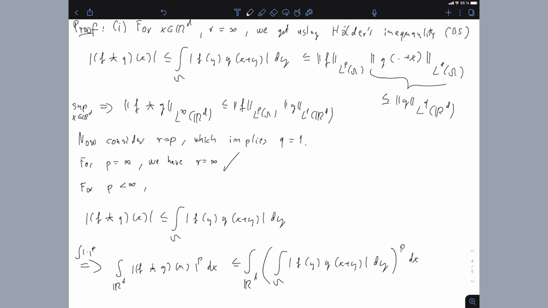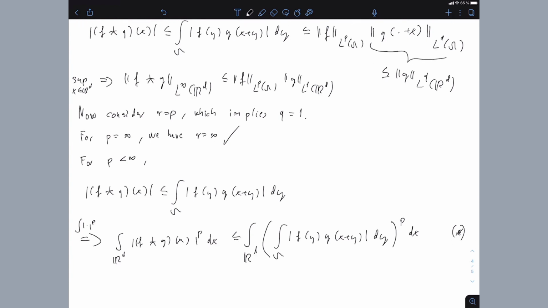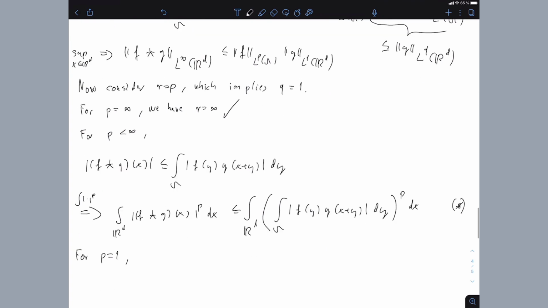And this is something that we will use some more times. And now we first check the case P equal 1 and then P bigger than 1.